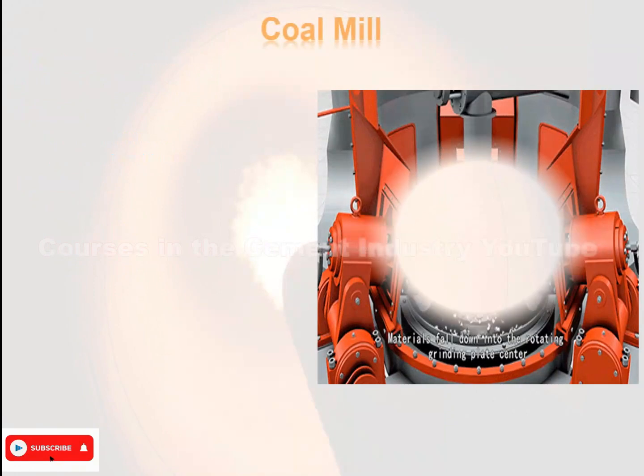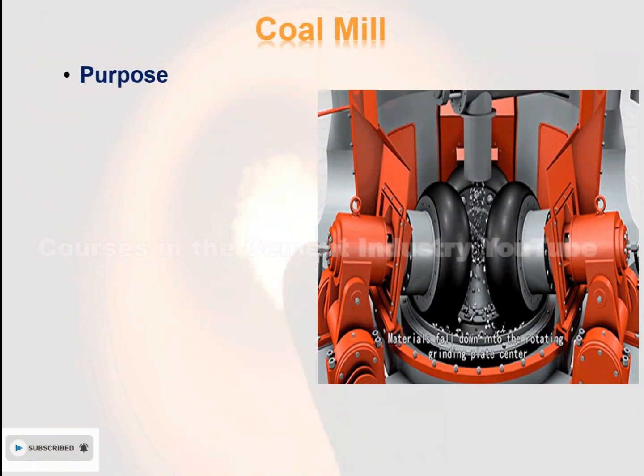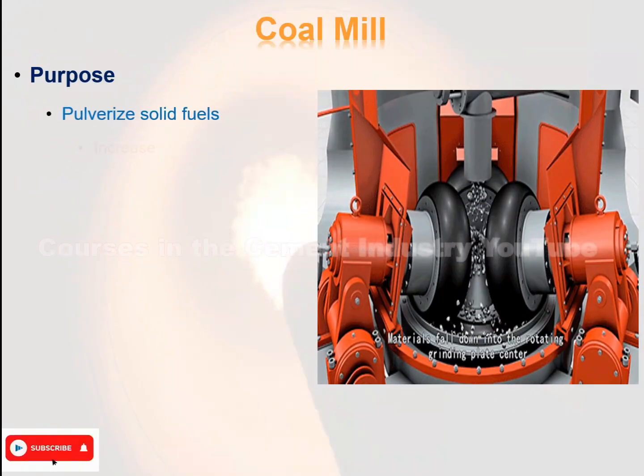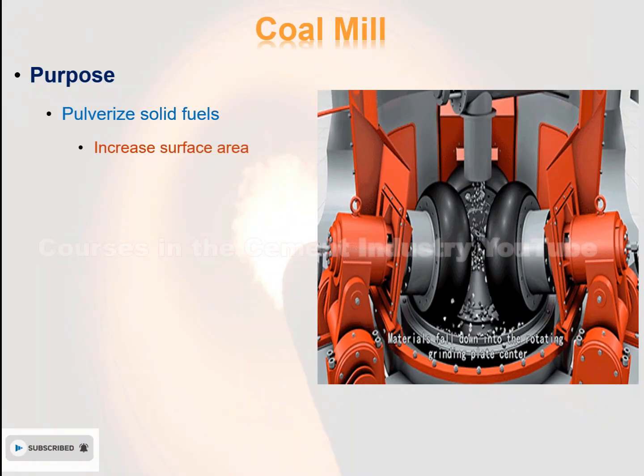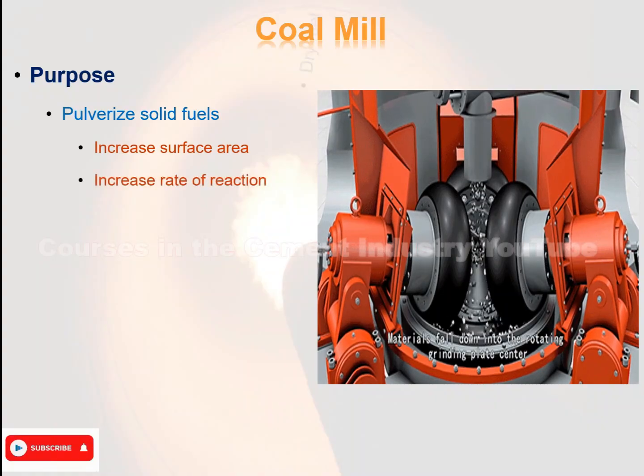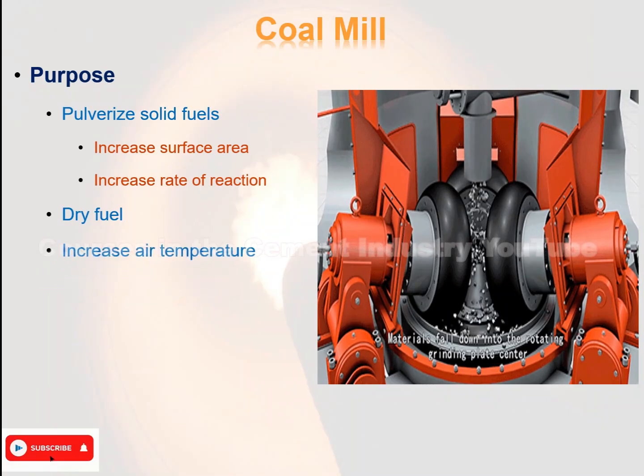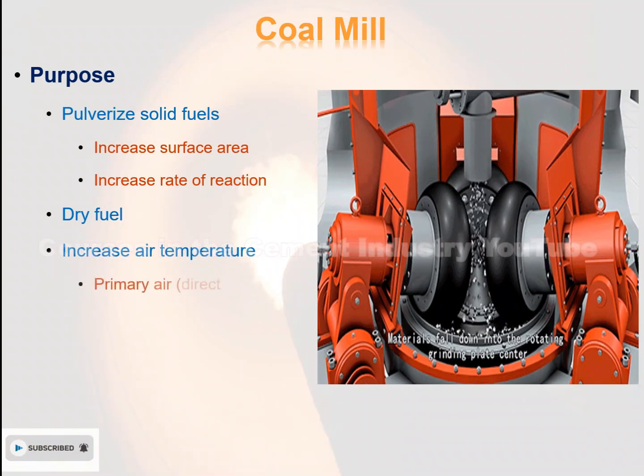Coal mill purpose: 1. Pulverize solid fuels, increase surface area, increase rate of reaction. 2. Dry fuel. 3. Increase air temperature. Primary air, direct fired system.